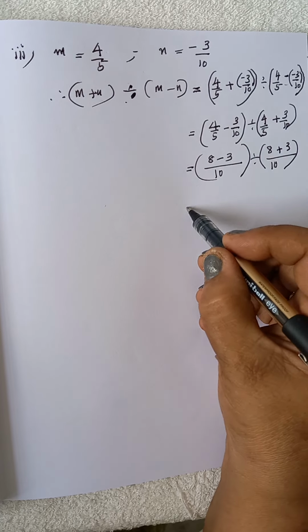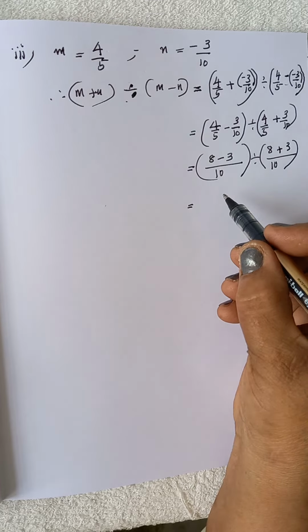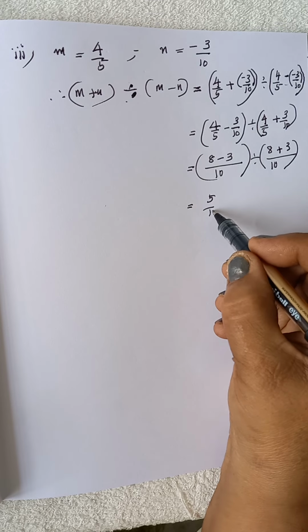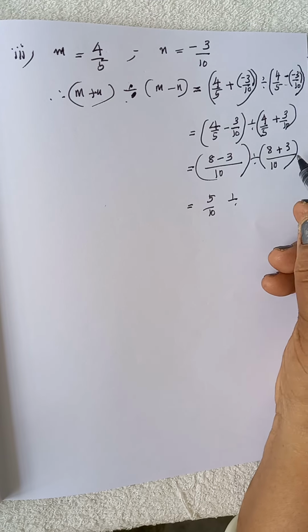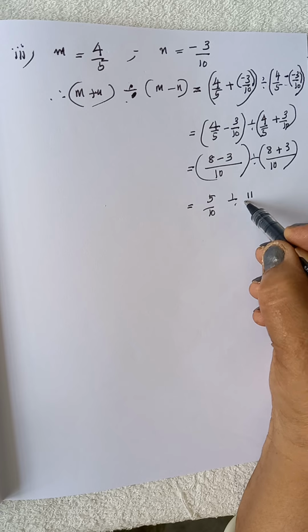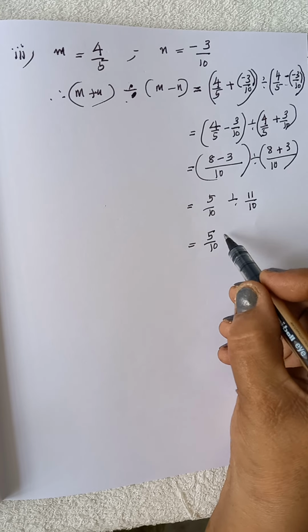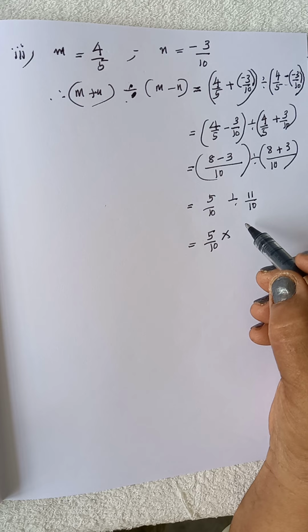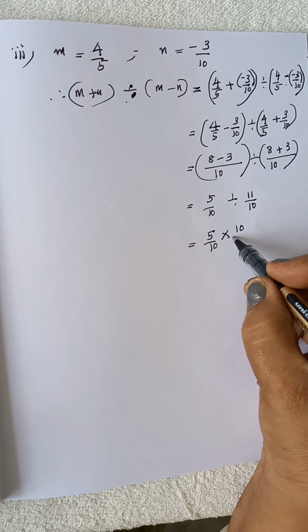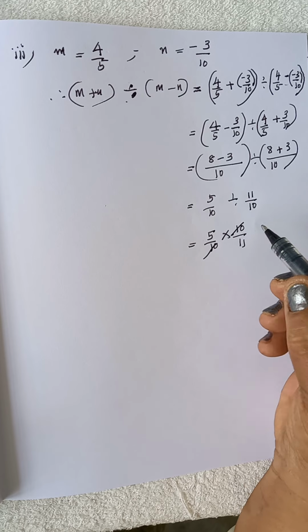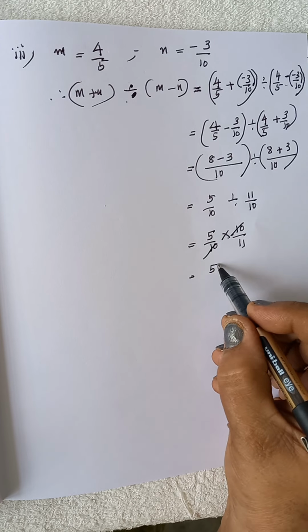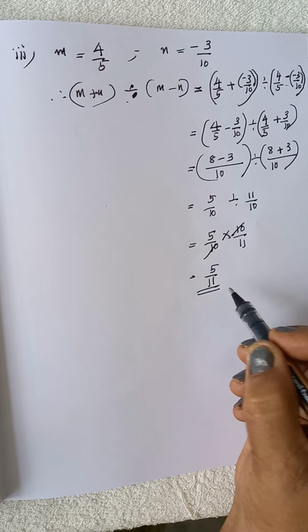Now this is equal to 8 minus 3, that is 5, 5 by 10 divided by 8 plus 3, that is 11, 11 by 10. Now this is equal to 5 by 10 into, division is the inverse of multiplication, so 10 by 11. Now 10 and 10 can be cancelled. So the answer is 5 by 11.